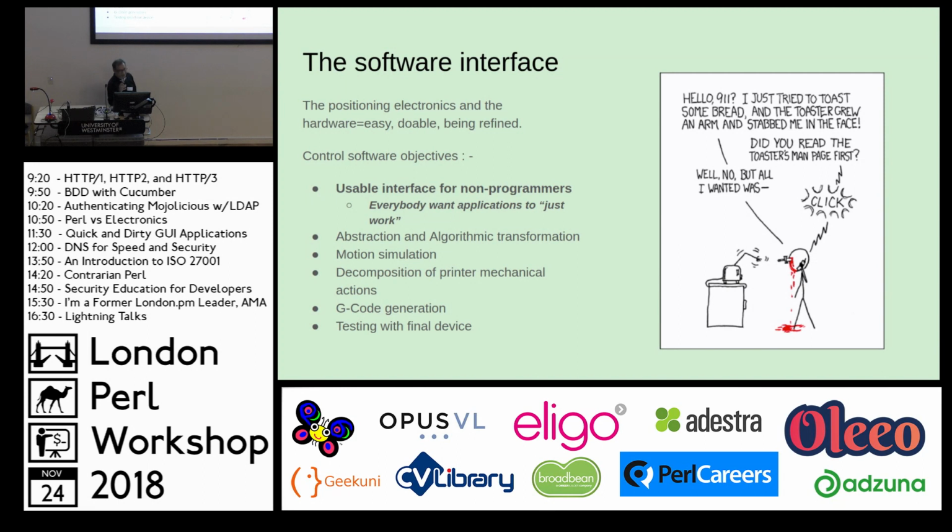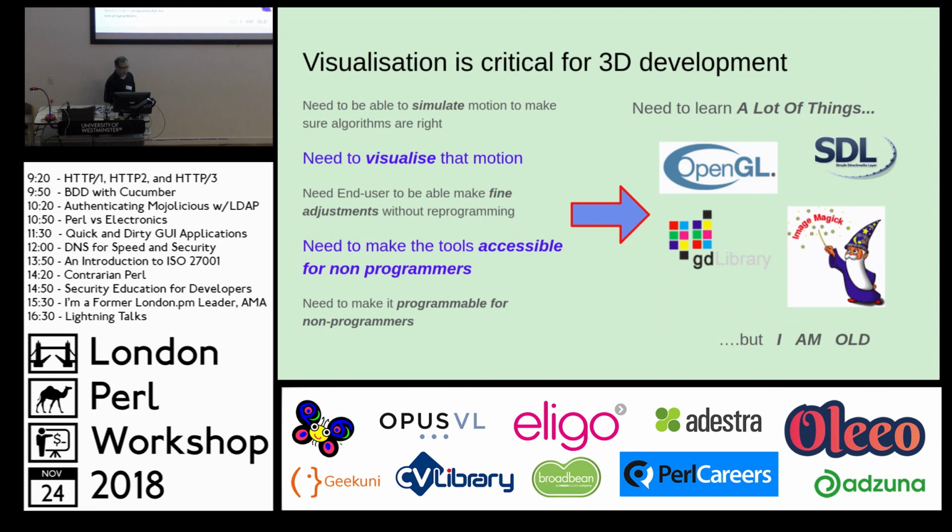So these things should be possible to do in an interface that they're familiar with, a desktop interface. Yeah. And for 3D development, visualization is critical. It's very difficult to convert a set of coordinates into an image in your brain. So you have to represent it visually.